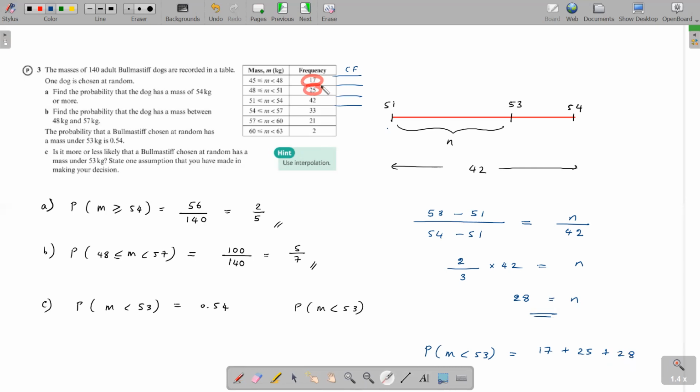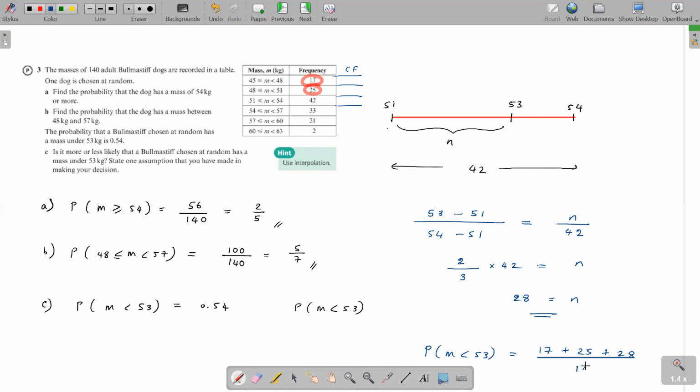So 17 dogs from 45 to 48, which is under 53. Then 25 dogs in the 48 to 51 category, which is under 53. And then the next one, 51 to 53, the number of dogs is n, which is 28. So this is out of 140.